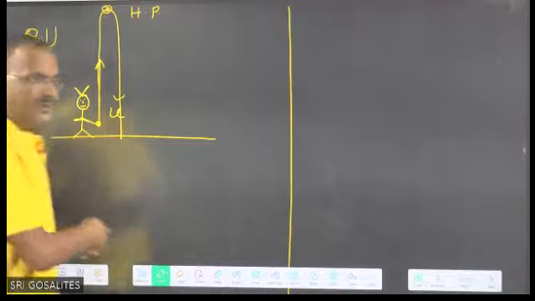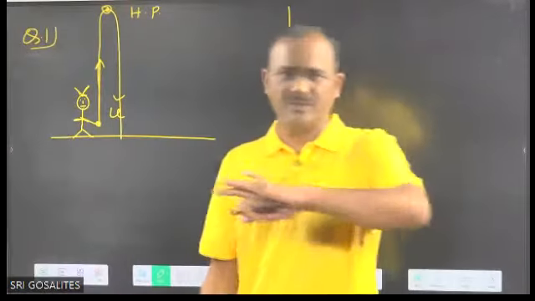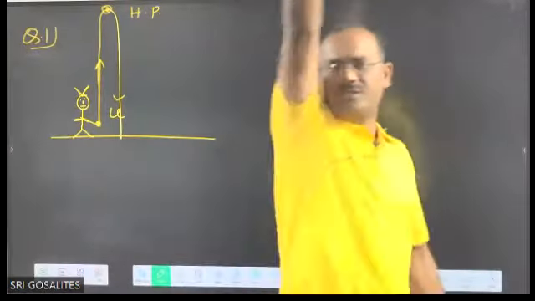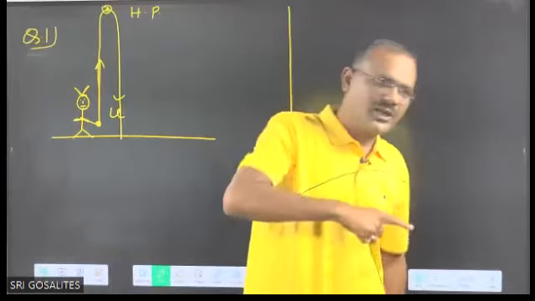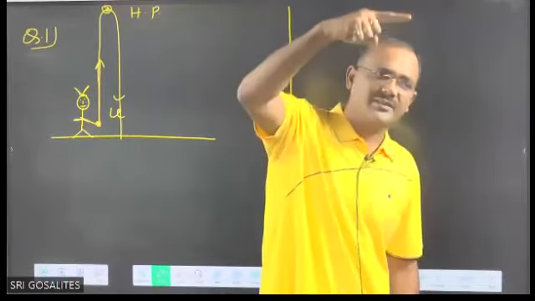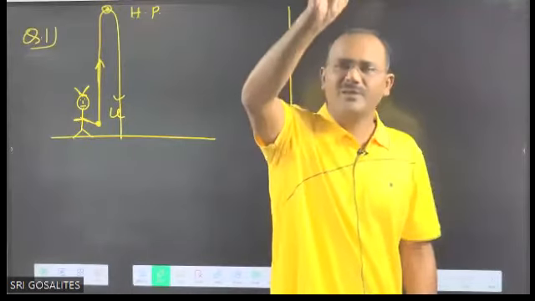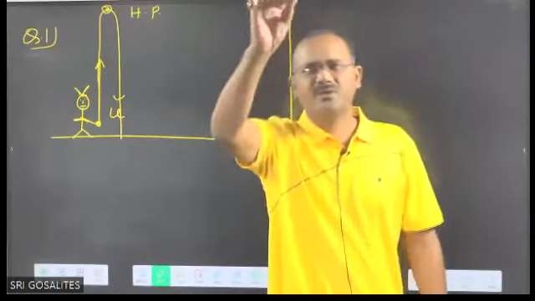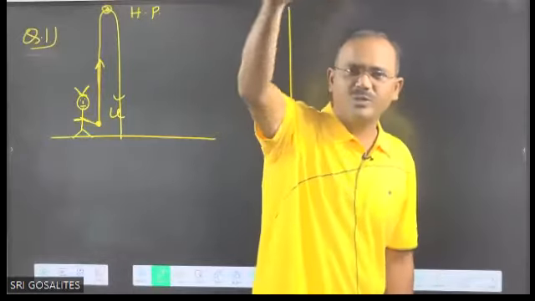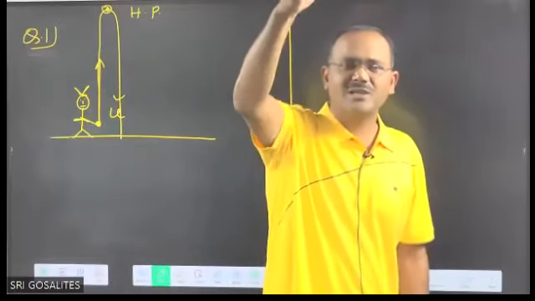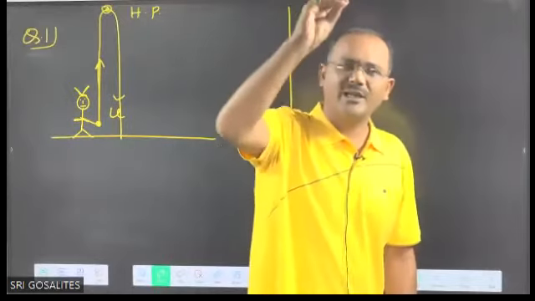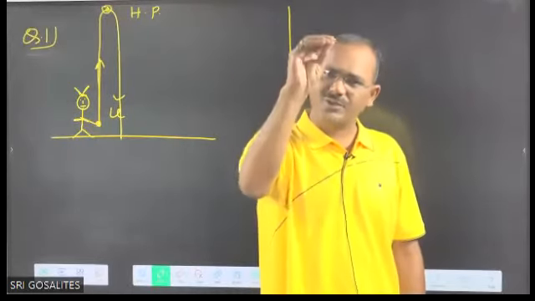Because if you throw an object with a velocity, then what happens? It will go high, and then finally at the highest point, it will stop. Why is it the highest point? Because it will not go beyond that point. Who was taking it? Velocity. So at the highest point, velocity reduces to 0.